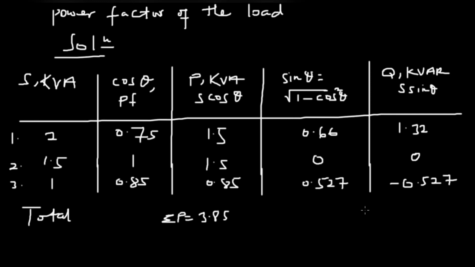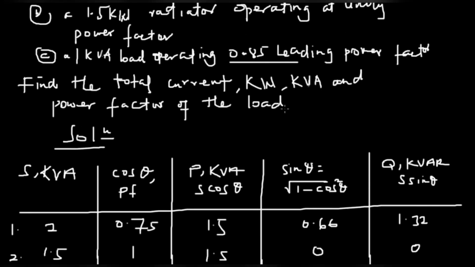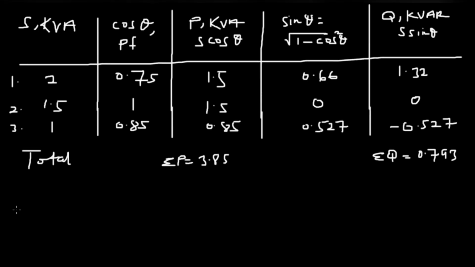Then you compute for Q, and we have 0.793. Now you can go ahead and calculate total current, kW, kVA, power factor and the rest.